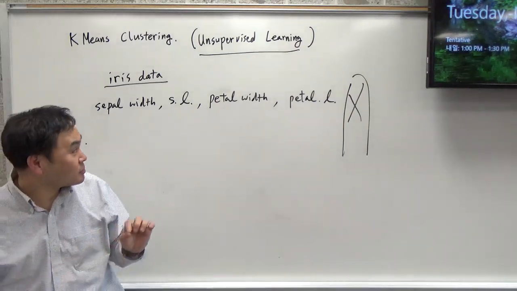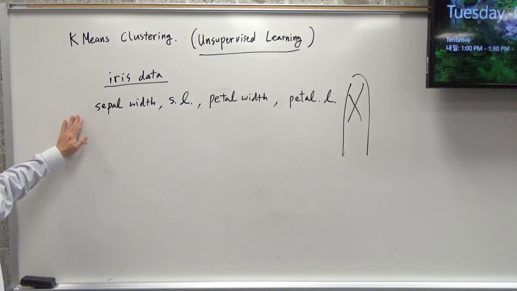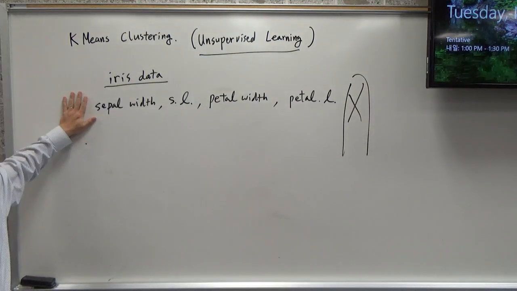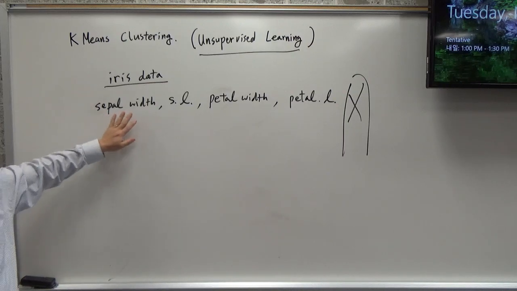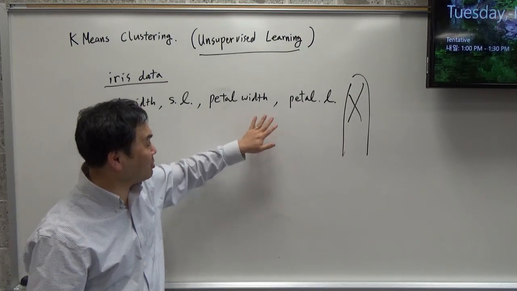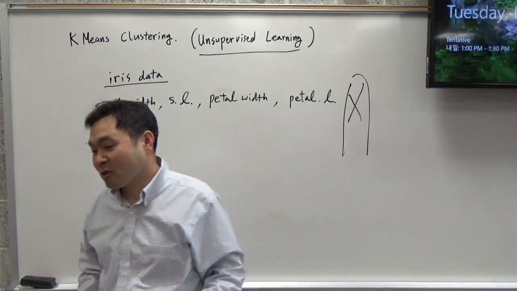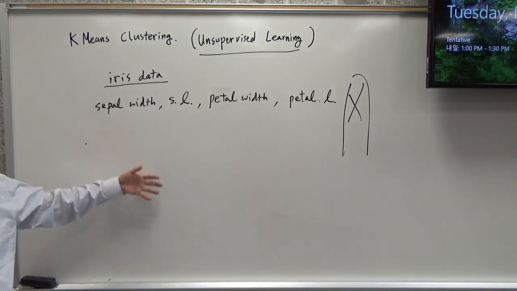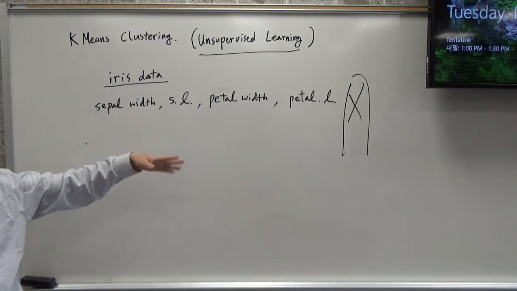Right? So imagine this. Let's say you're a botanist and you went into the Amazon jungle and you found a bunch of iris, okay? And you measure their sepal width, sepal length, petal width, petal length. You also collected pictures and stuff like that, but then as you were coming back, you had a shipwreck or something.